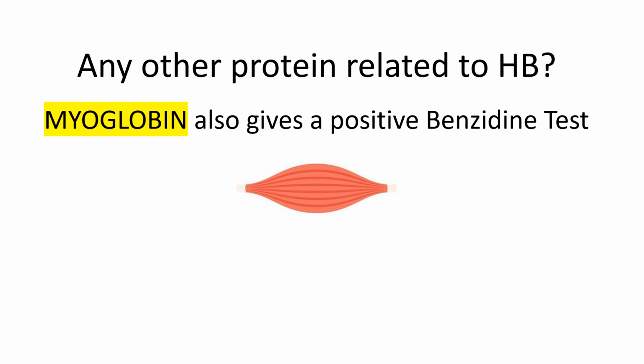So myoglobin is normally present in the muscle. When there is a lot of damage to the muscle, this myoglobin can come out into the blood, and this can come into the urine. And when you do a benzidine test, this myoglobin can give rise to a positive benzidine test. So you can sometimes call myoglobin a false positive for the benzidine test. So can you name any conditions in which a lot of myoglobin is released?